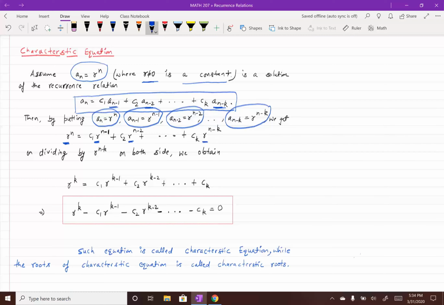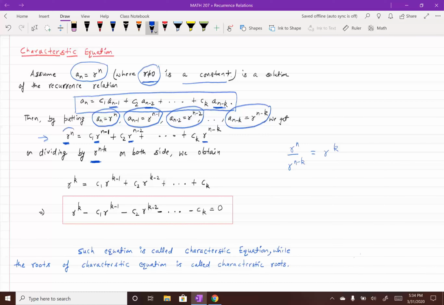So this homogeneous linear recurrence relation will transform into an equation in terms of r, and then you divide everything by r to the power n minus k. Since you have assumed that r is not equal to 0, you can divide both sides by this factor of r to the power n minus k, and if you divide r to the power n by r to the power n minus k, that will be equal to r to the power k.